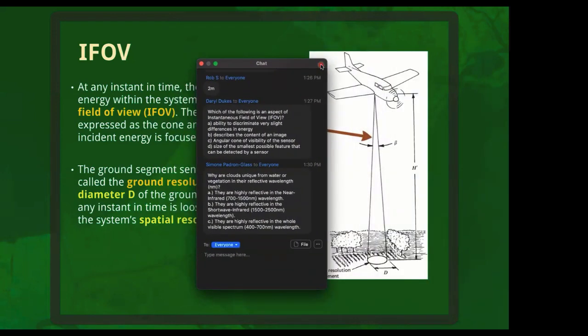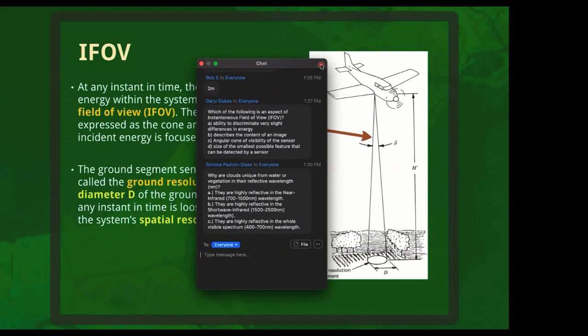First, for Derek's question, which of the following is an aspect of the IFOV? Ability to discriminate very slight differences in energy describes the content of the image, angular cone of visibility of the sensor, size of the smallest possible feature that can be detected by a sensor.